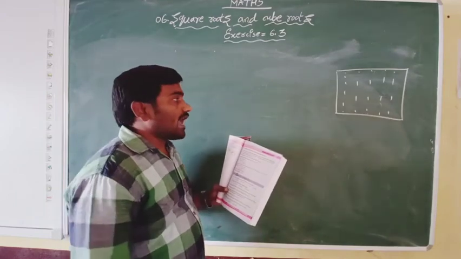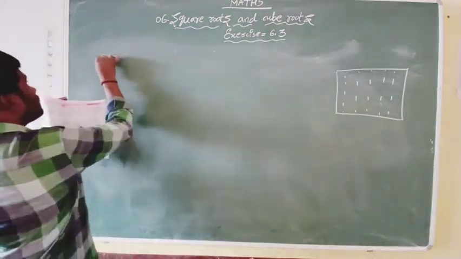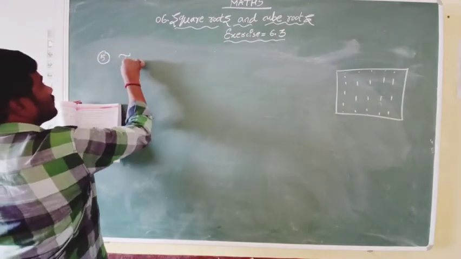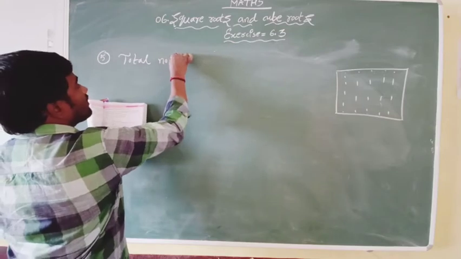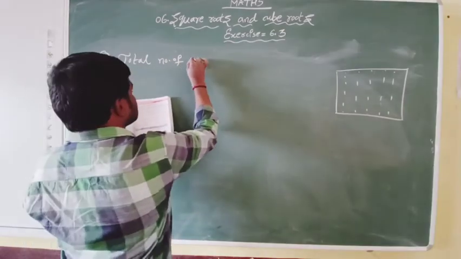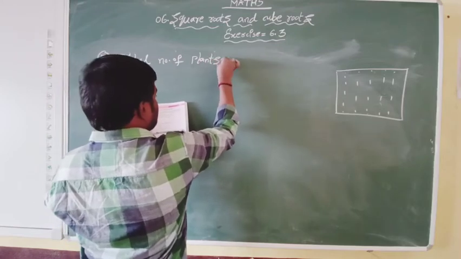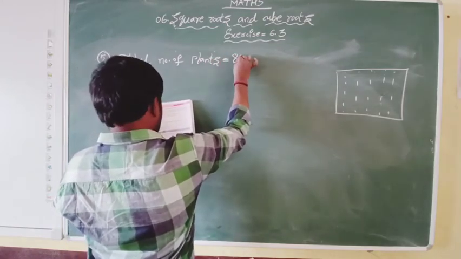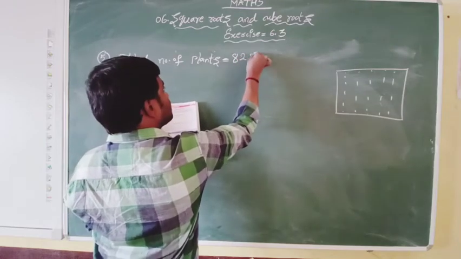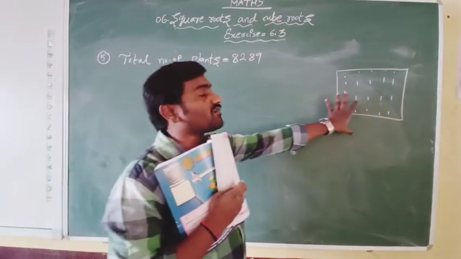Then you have the total number of plants equal to 8,289. These plants you want to put in the shape of a square.